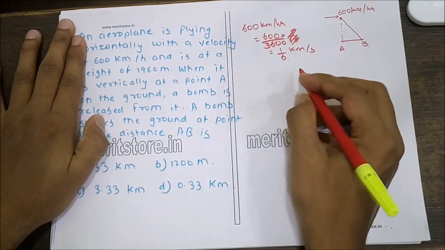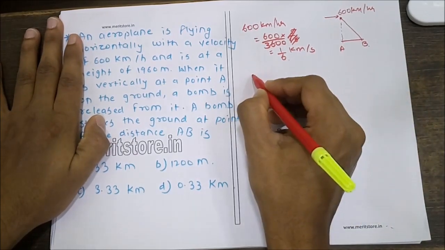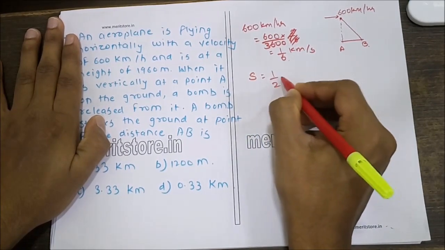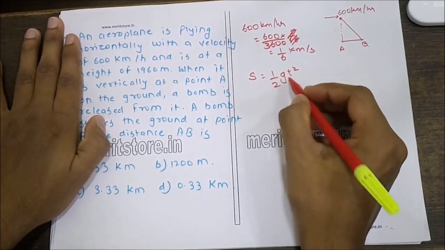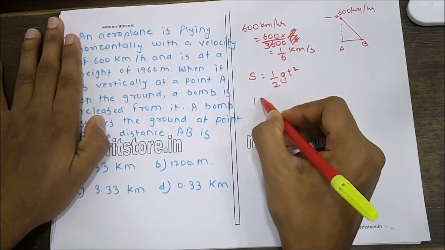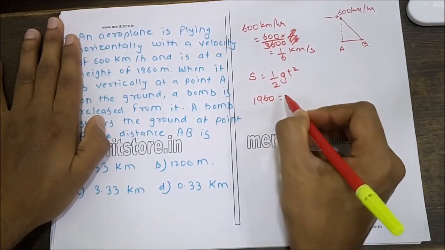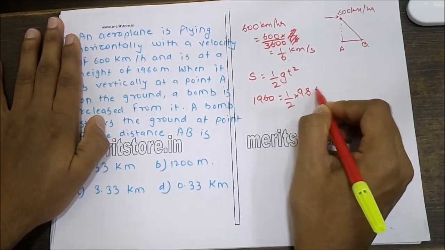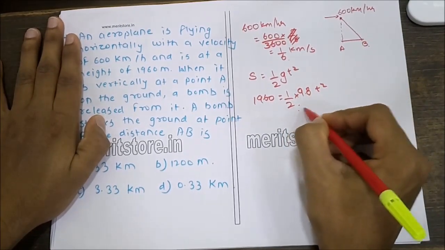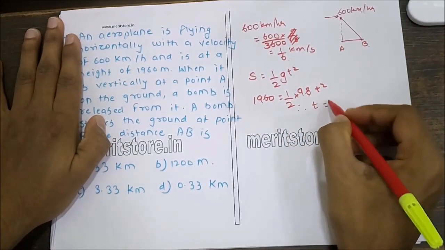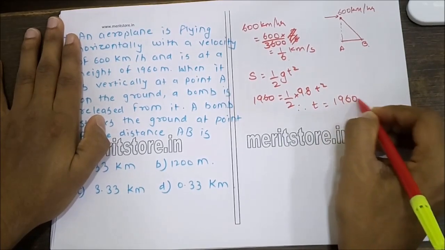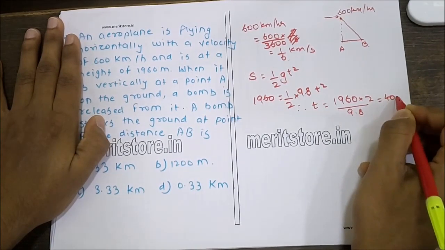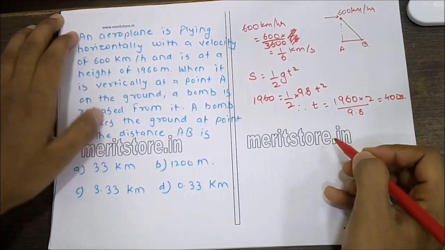Now the speed of the bomb is 1 by 6 kilometers per second. The vertical distance is given by half g t square. Since the bomb is free falling, a height of 1960 meters equals half times 9.8 t square. Therefore the time which it takes, t square is 400 seconds square.